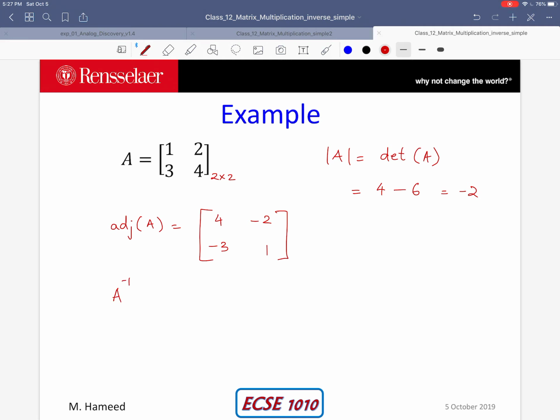So A inverse is simply going to be 1 over determinant of A, which is -2, multiplied by adjugate of A, which is 4, -2, -3, and 1.